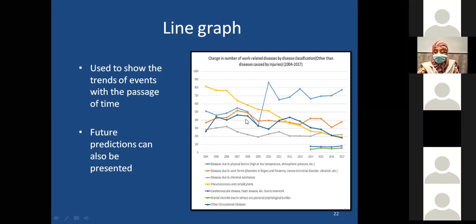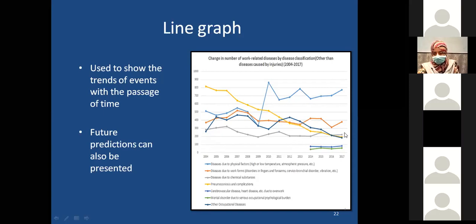There's an increase from 2009 to 2010, and then a steep decrease in 2011 in the diseases that occurred because of physical factors that included high or low temperature and atmospheric pressure. Okay? And then the trend is variable from there on. Now we can see that this gray shade is because of chemical substances, diseases due to chemical substances, which has always been on a lower side.